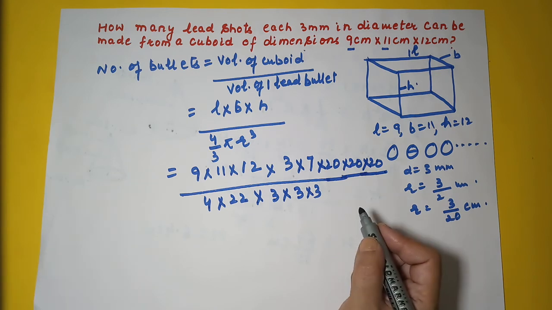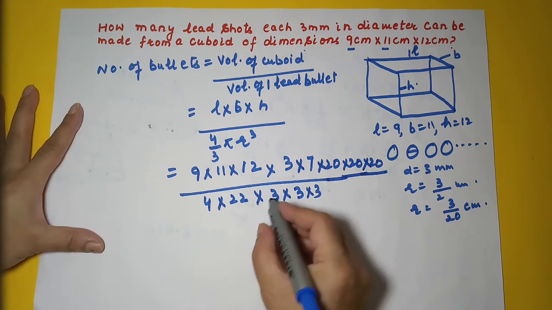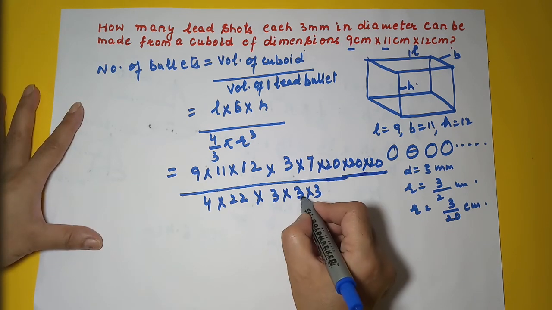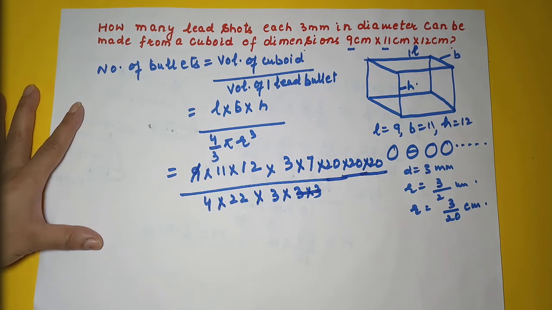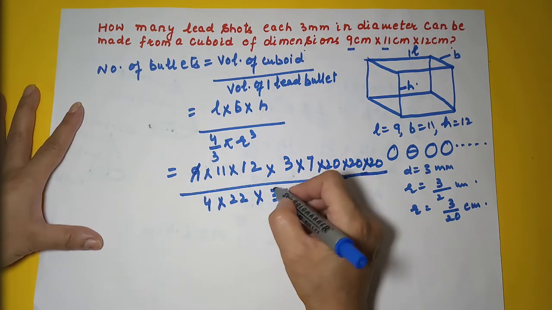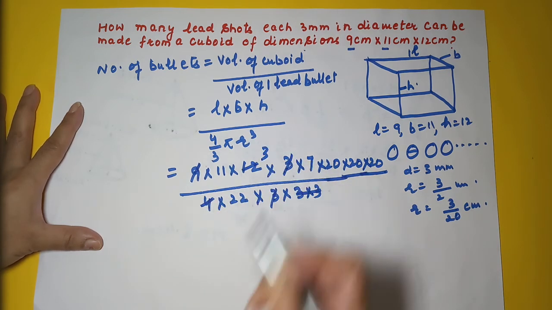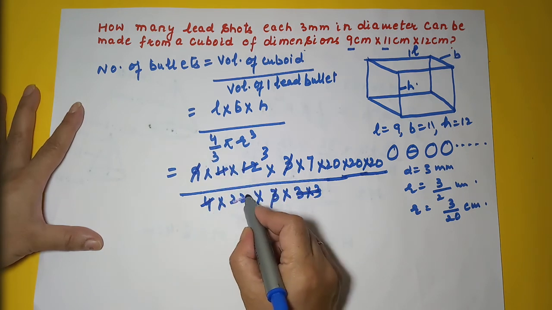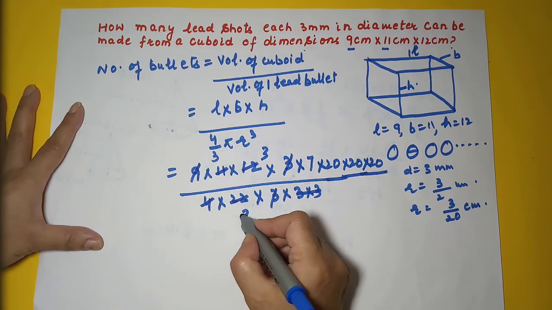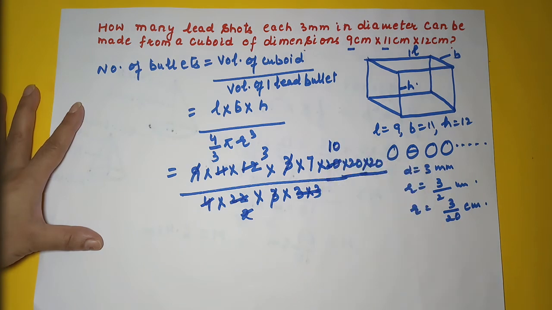Okay, now let's carefully do these calculations. 3 3s are 9 and 9 will go, right? So 1 3 and 1 3 will also go. Okay, so 4 3s are 12, 11 2s are 22, 2 10s are 20, right?